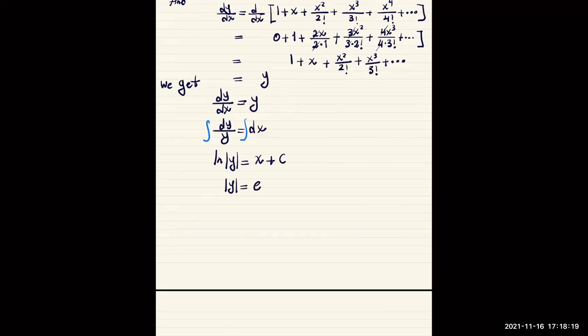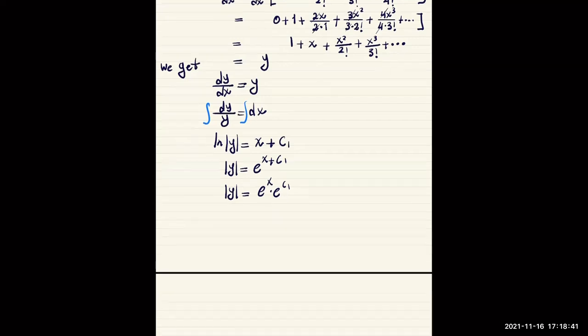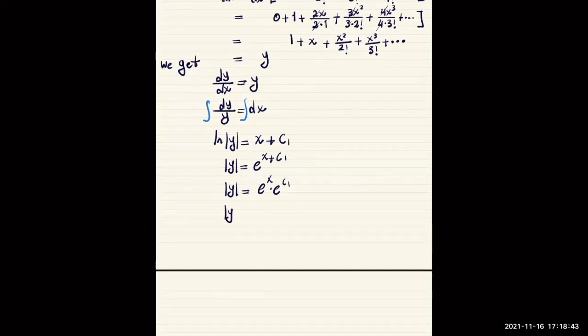So you get e to the x plus c. Now I can separate that e to the x plus c as e to the x times e to the c, call this c1. E to the c1 is a constant. E to a constant is another constant. So here we get absolute value of y equal to c times e to the x. Okay, just call e to the c1 to be c.